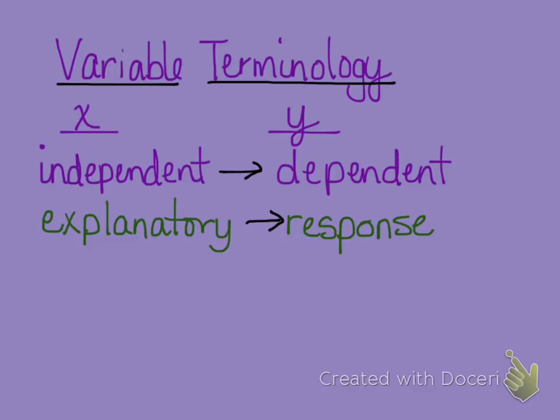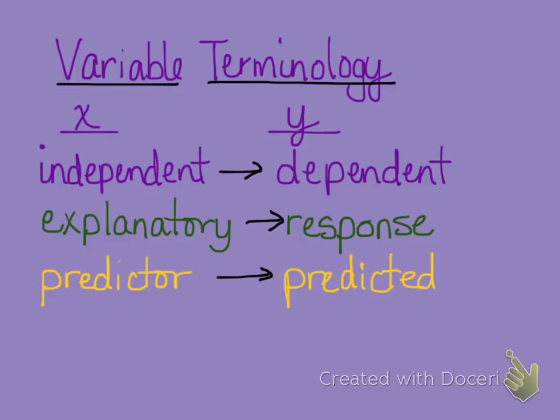And we're going to see examples of this. It's just a little bit different connotation. And the other pair that we'll see used is the predictor and the predicted. So there are things I can predict based on other factors.